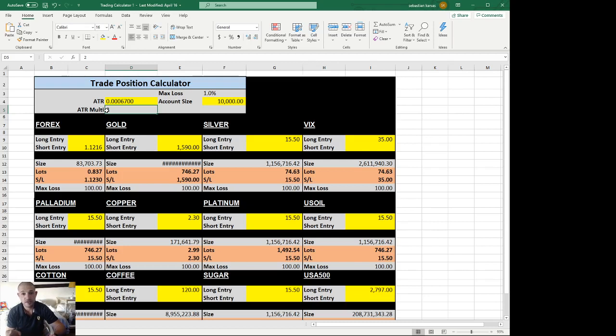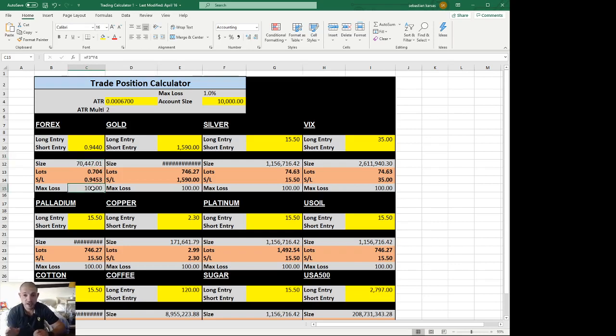Some people like to make it 3 times, 1.5 times. It's up to you. I like to use 2. Okay, so we said that the current price is 0.94399, and we're doing a short position, so we'll fill in the short position section. Boom. So our max loss is $100, which is 1% of our account.